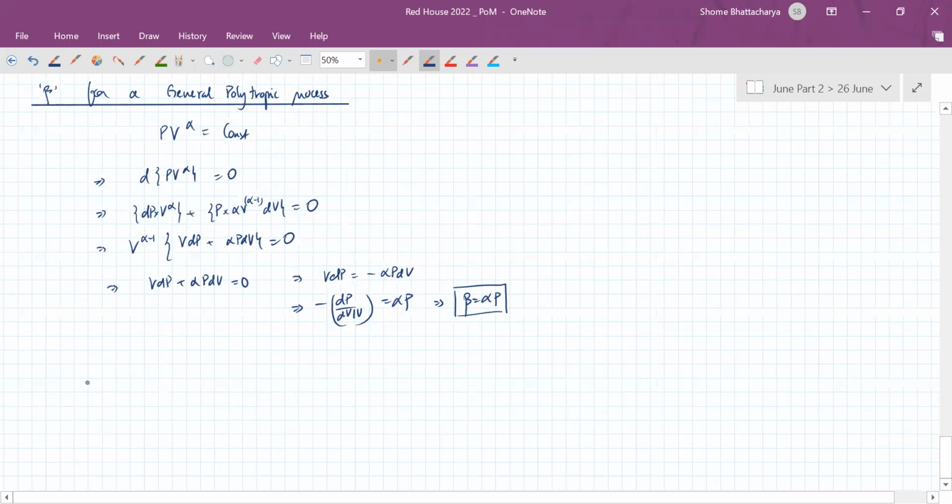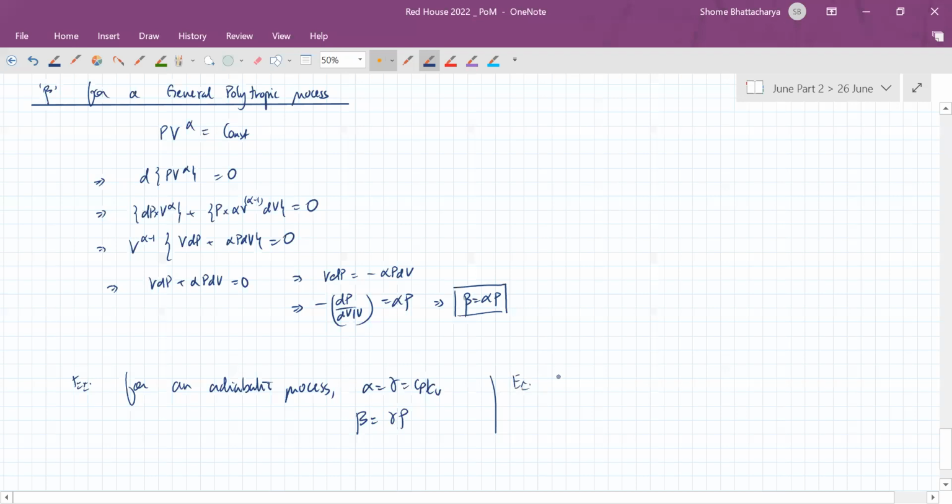So for example, for an adiabatic process, alpha is equal to gamma, which is Cp by Cv. So the value of bulk modulus at a point is nothing but gamma P.